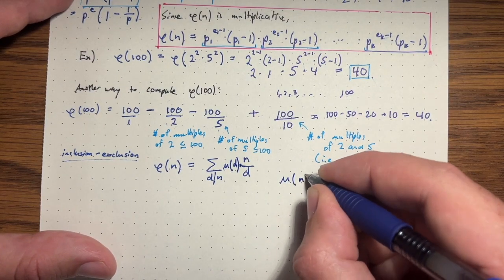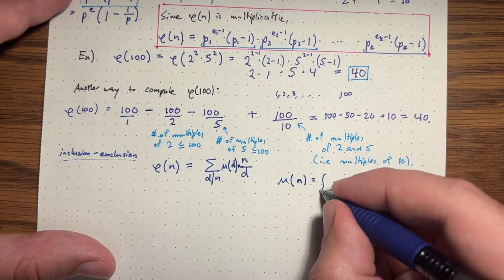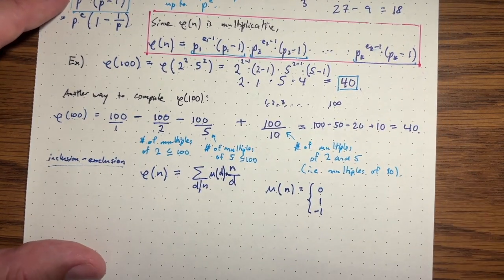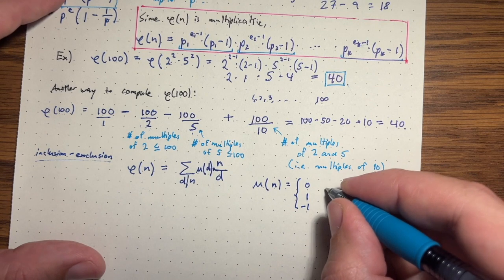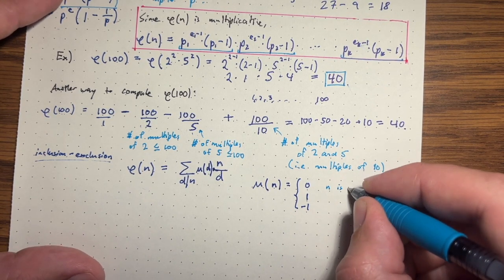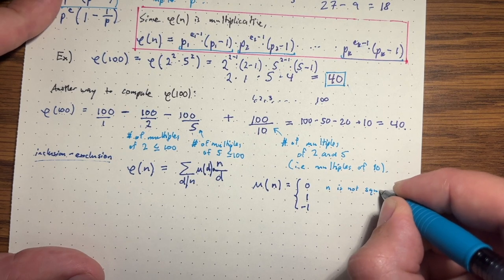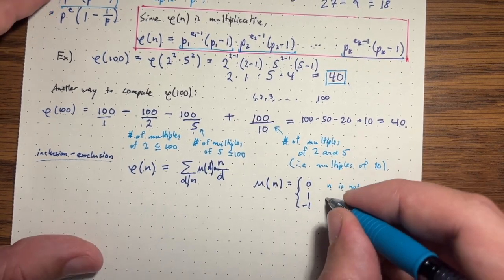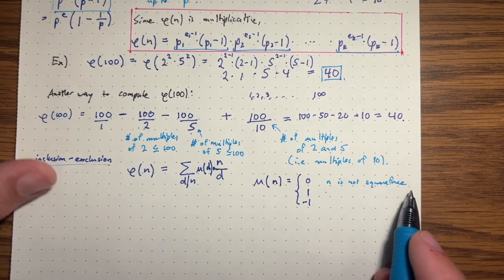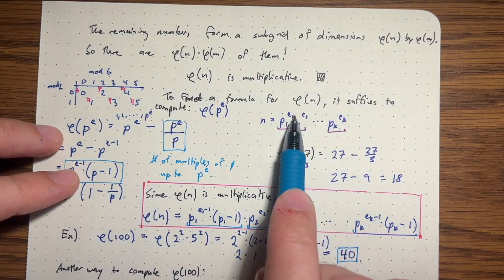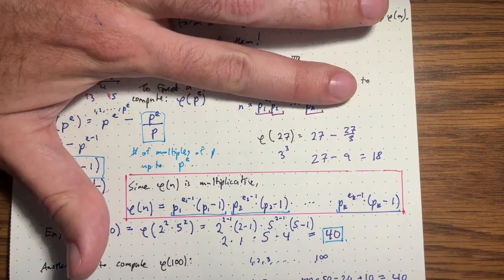So mu of n has 3 cases. It's either 0, 1, or negative 1. It's 0 if n is not square free. And it's 1 if, so square free, essentially that means that all the exponents are 1. That would be square free.